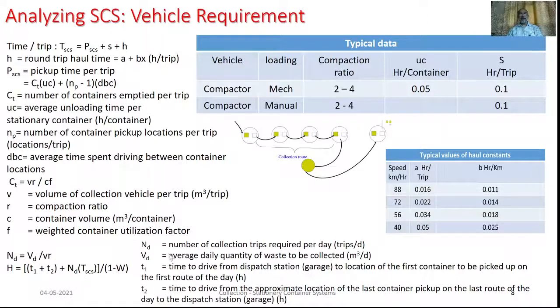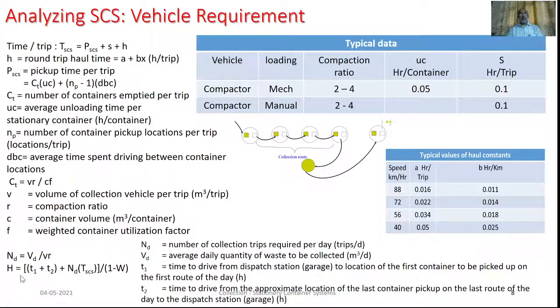Here VD is nothing but the average daily quantity of the waste to be collected, which is given as meter cube per day. V, the way we discussed here, is the volume of the collection vehicle, and R is the compaction ratio.